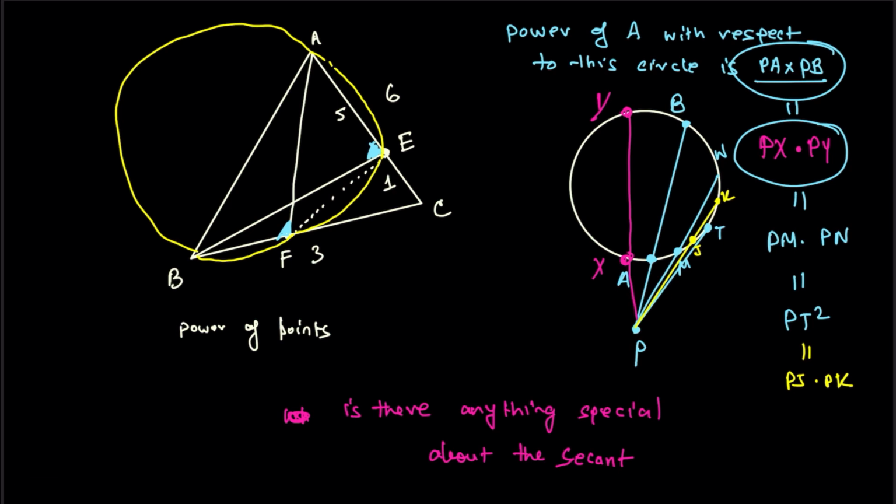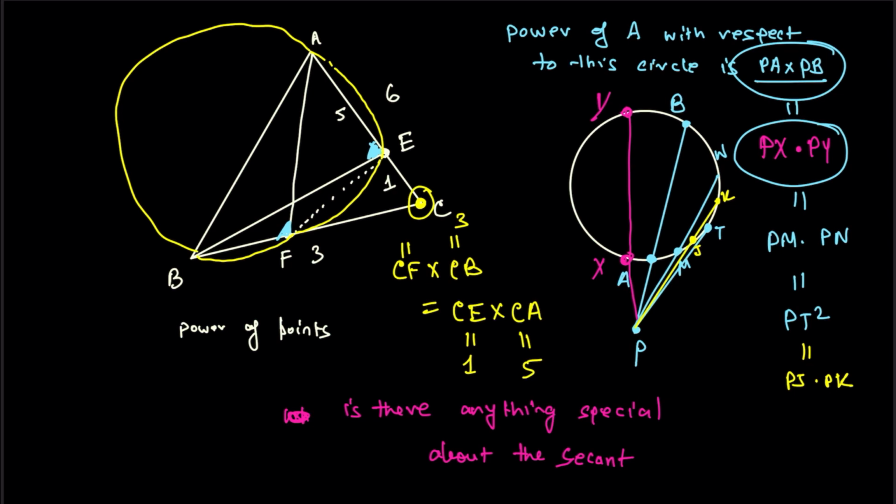So we want to find the power of the point C with respect to this yellow circle, and it is clearly CF times CB is equal to CE times CA. CE is 1, CA is 5, CB is 3, so you can now find out CF.